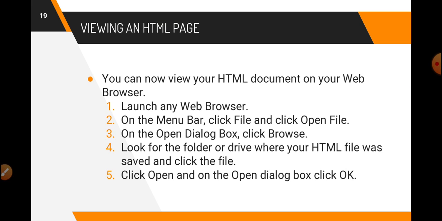Click Open, and on the Open dialog box, click OK. Or you can just click on your HTML document, then right click, and then Open with. Look for the option Open with and then click on any browser that is available on your devices. After that, you can view your HTML page.